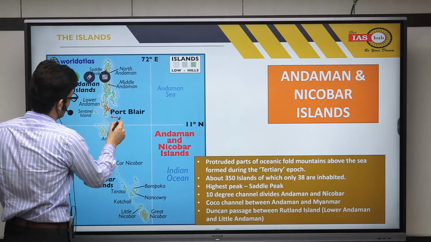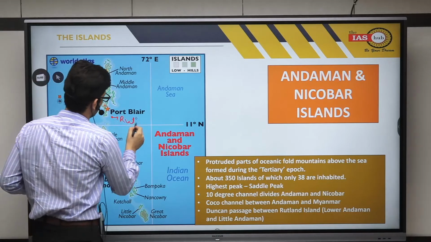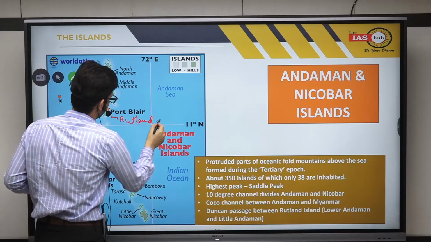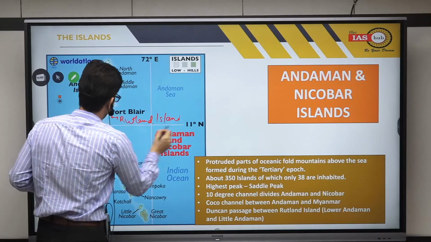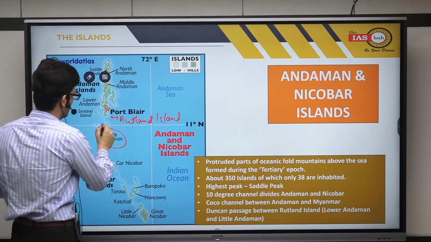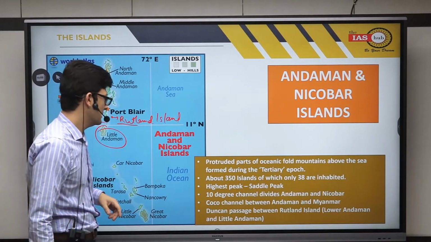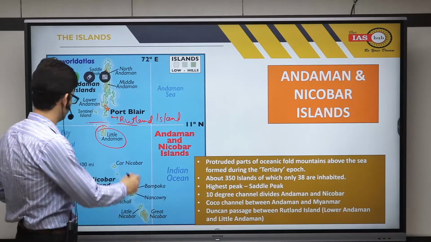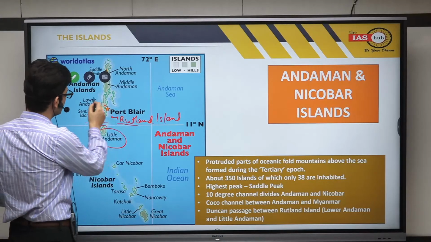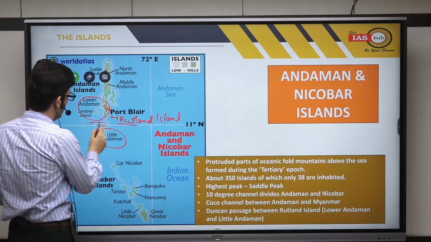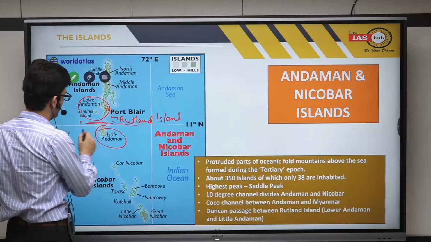So between Rutland Island and Little Andaman you'll find the Duncan Passage. Rutland Island is a part of Lower Andaman only, and between them you'll find the Duncan Passage.